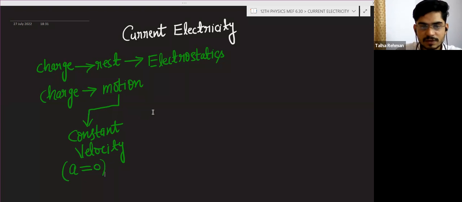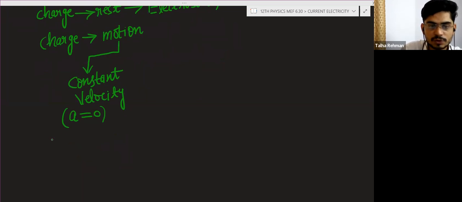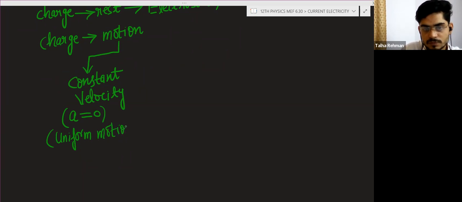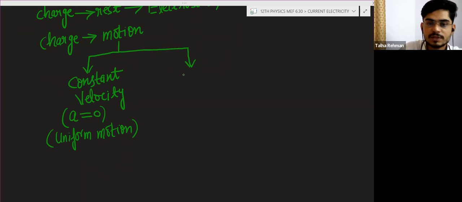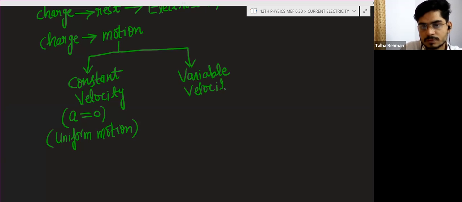So you can say the motion of charge will be uniform motion. Uniform motion means when the velocity is constant. And if charge is moving with variable velocity, charge can move with variable velocity also.